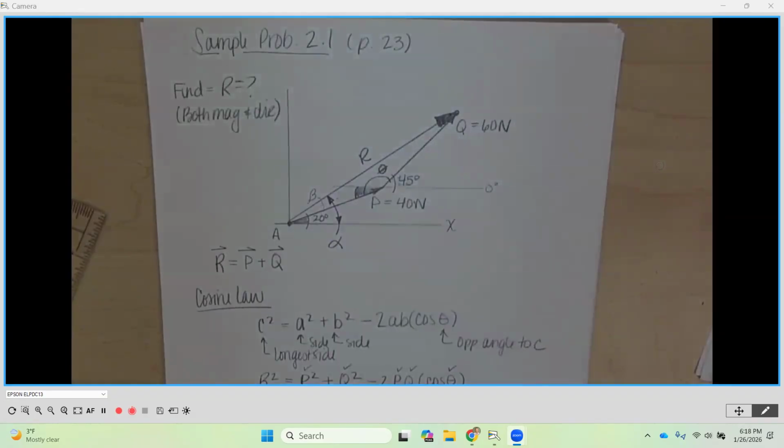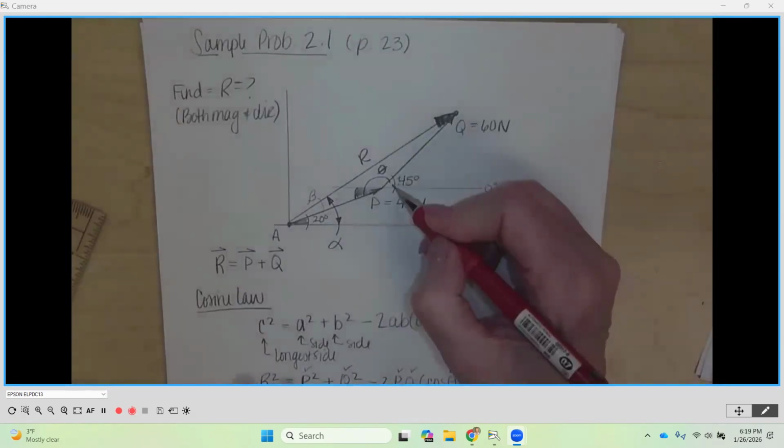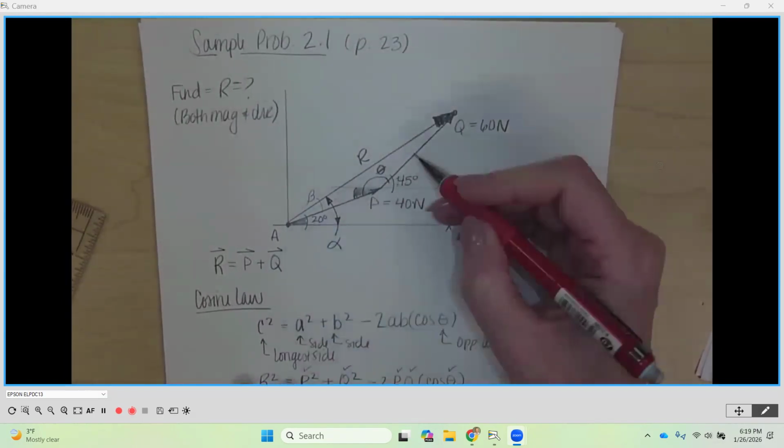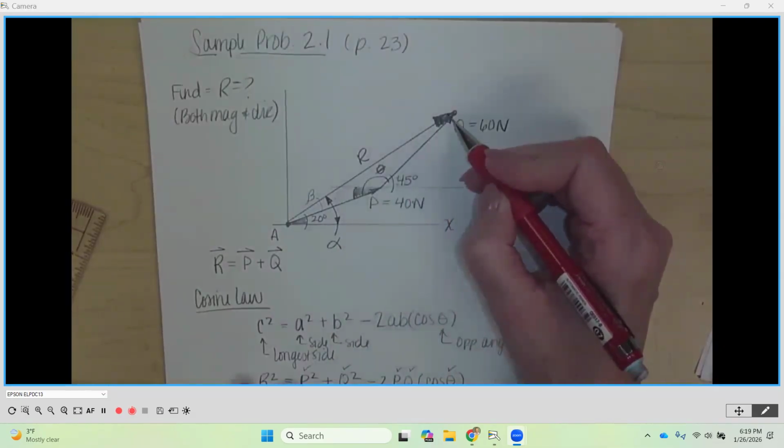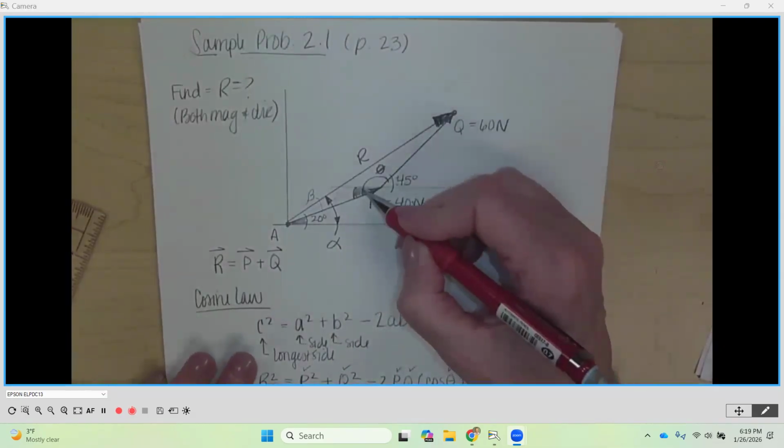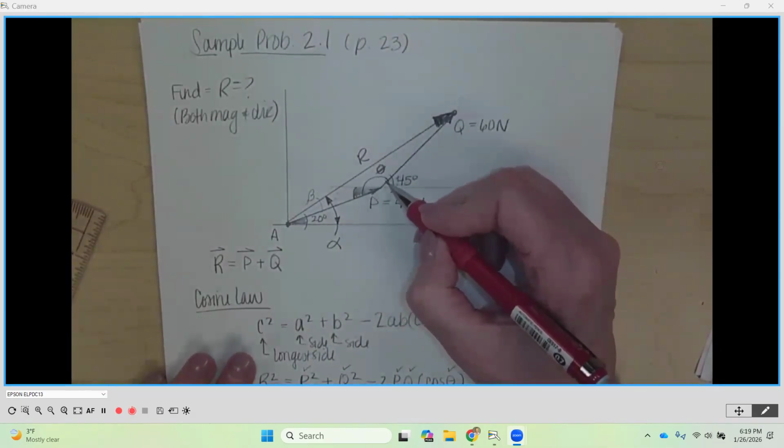You guys remember the sine law, right? The sine law is we can set up the ratios of the sine of the angles opposite the length of the side that's opposite them, and we can set those equal. So we know the length of all our sides. We know P is 40. We know Q is 60. We know our resultant is 97. We know one of our angles is 155.